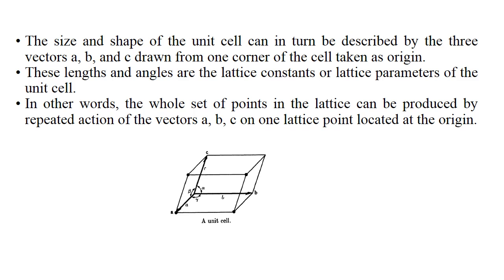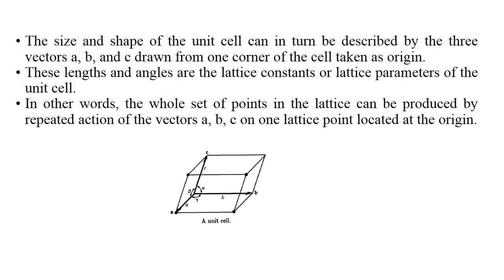In the structure, a unit cell is shown. In the unit cell, there are 3 axes, which are denoted by small a, small b, and small c. And between the axes there is an angle.